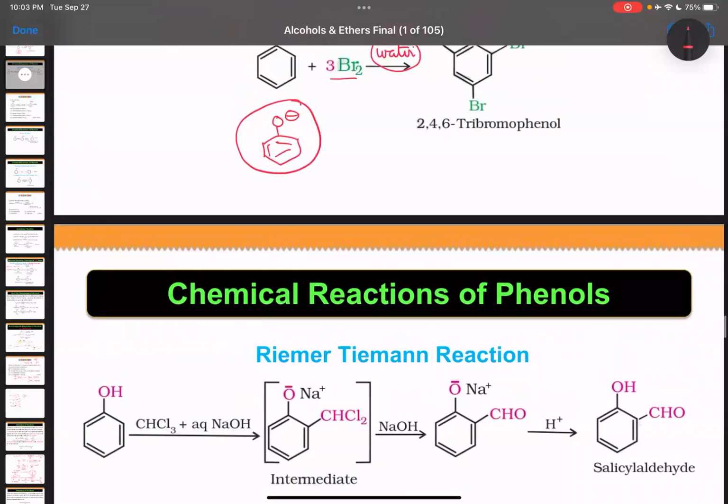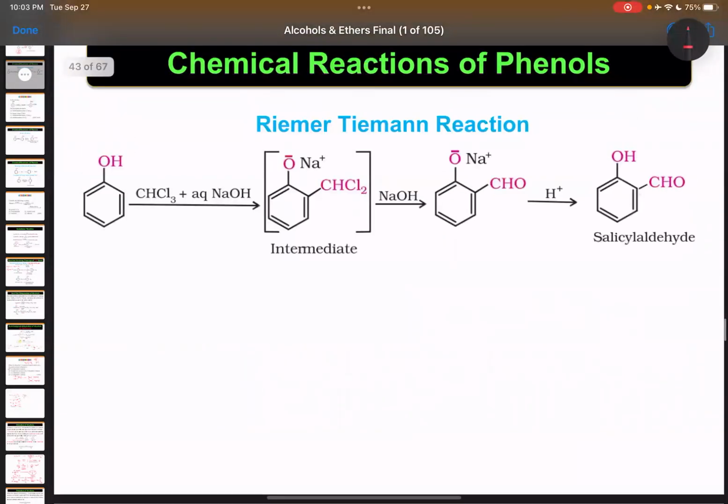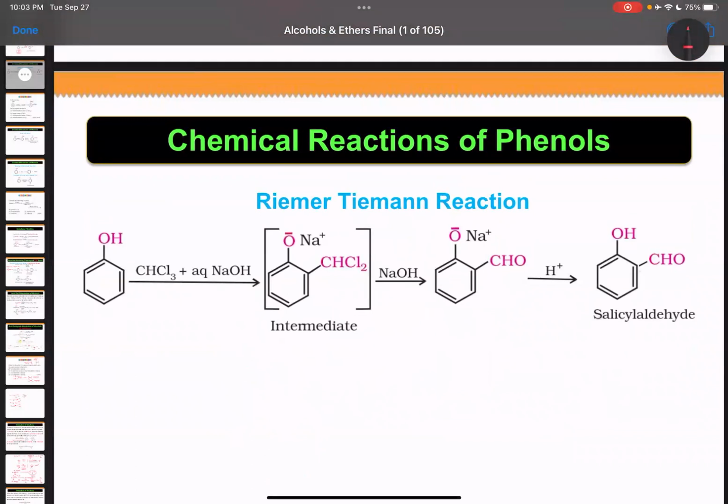So now there is another reaction, the Reimer-Tiemann reaction. Very important reaction. First you can tell me what you know about this reaction, then I will tell you the details. Sir, phenol with aqueous NaOH and chloroform, and then we get one intermediate, substituted benzyl chloride.